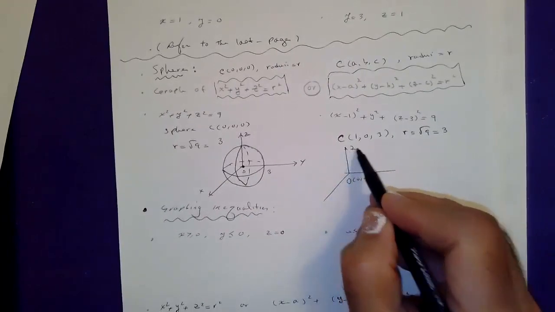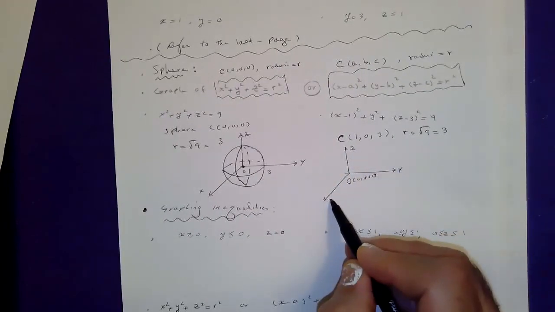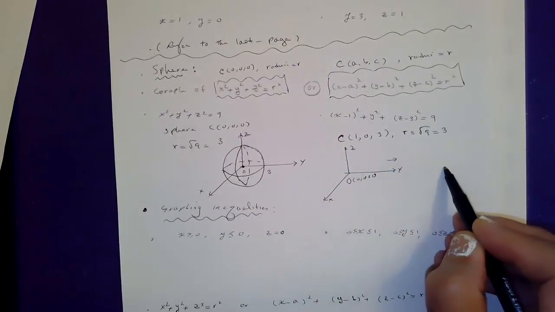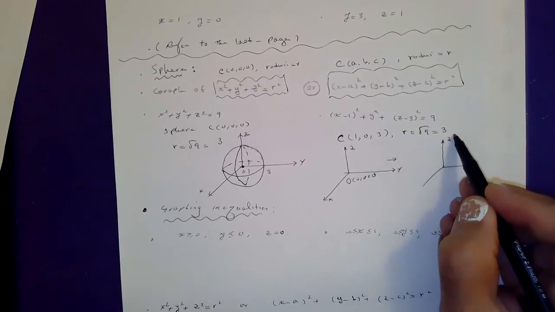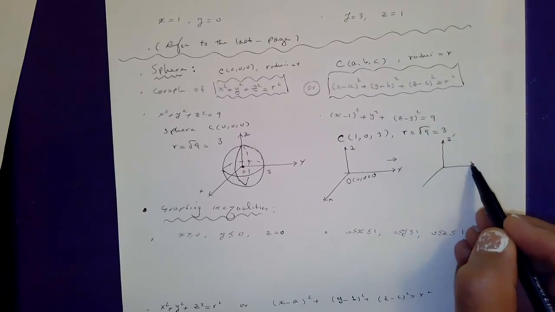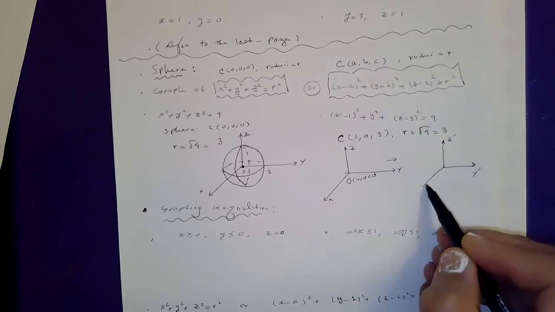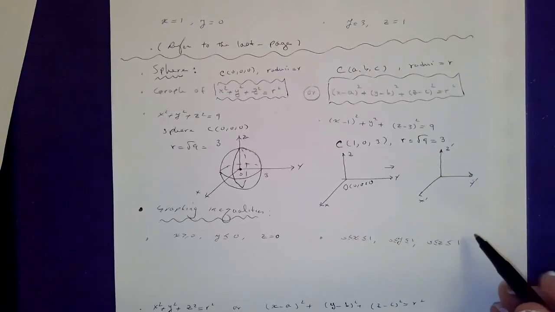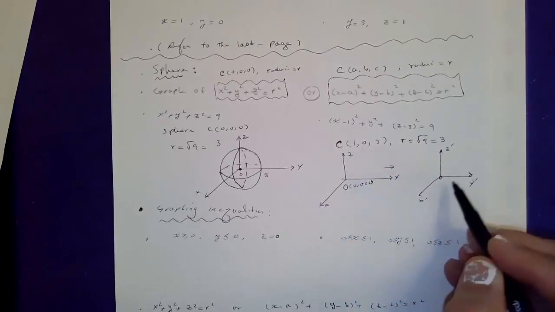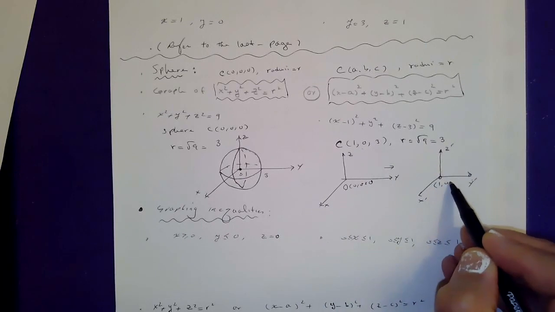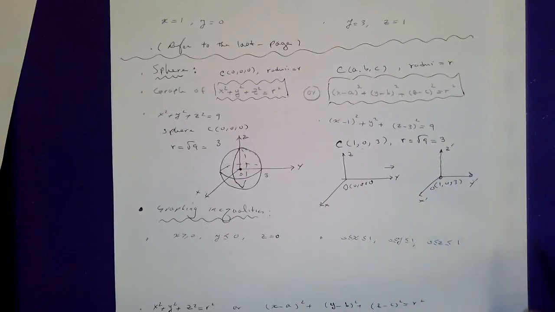In other words, if this is your original axis, translate this to the new axes, z prime, y prime and x prime. But remember, the origin is no longer at 0, 0, 0, it is at 1, 0, 3.